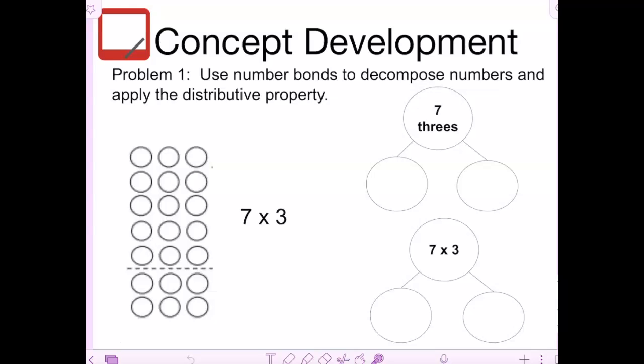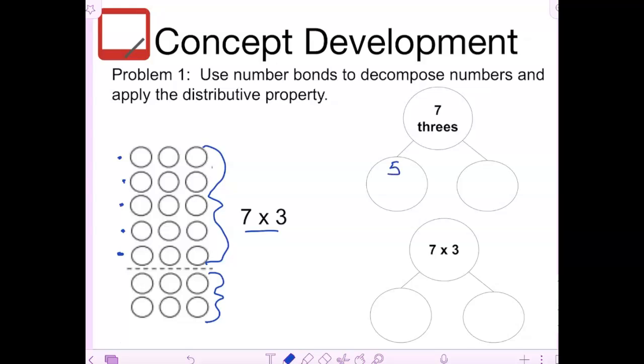Excellent. So if I have the multiplication fact 7 times 3, which I have right here, we can break this down. If we have an array, we can break this down into two smaller multiplication facts. So here we have 1, 2, 3, 4, 5 rows.